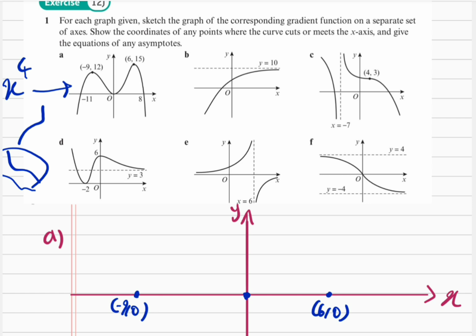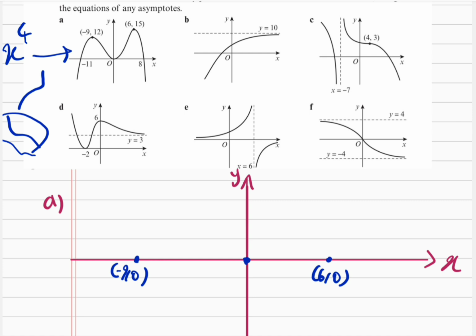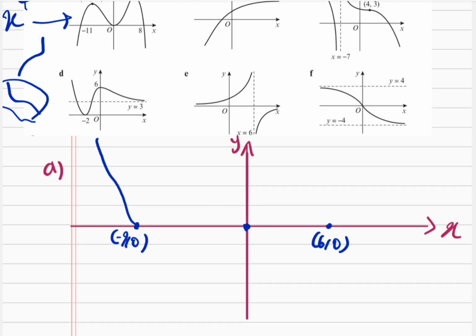So if the gradient is positive, then the f dash x curve is going to be above the x-axis. So for values less than minus 9, the curve is positive, so that's above the x-axis. So it will be like this.